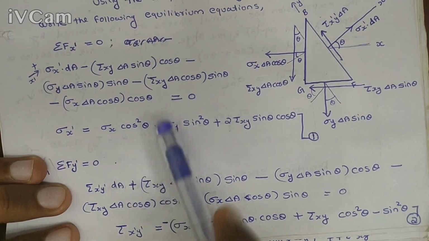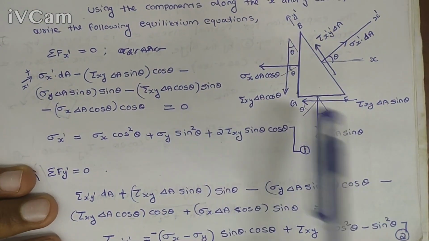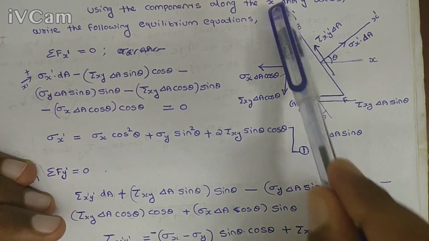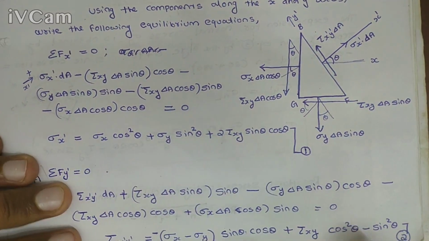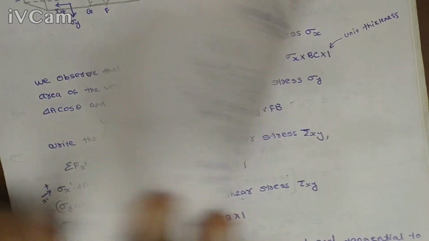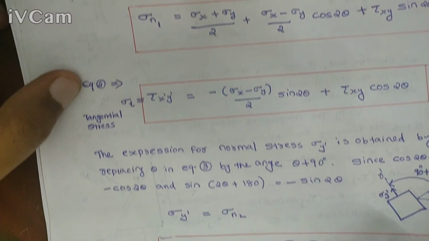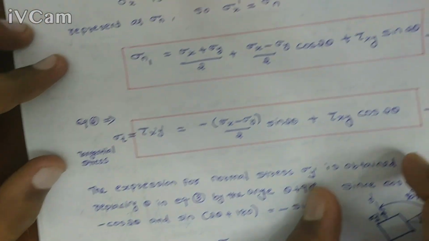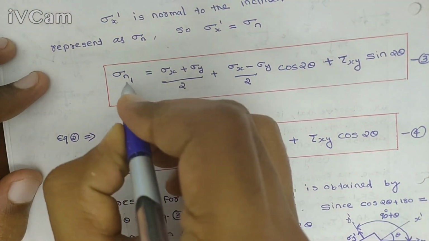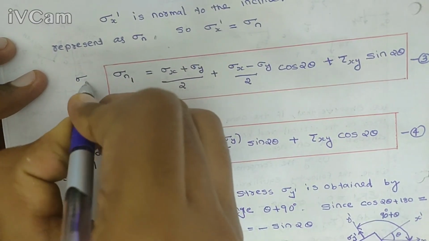It is a simple derivation: after resolving all the components along this inclined plane, we can calculate the stress on the inclined plane. So this is the final equation.